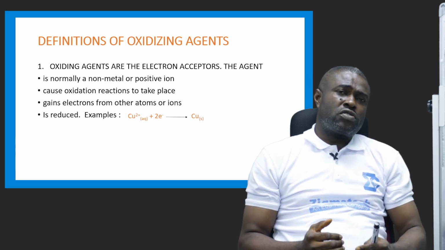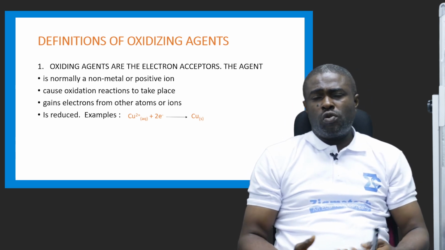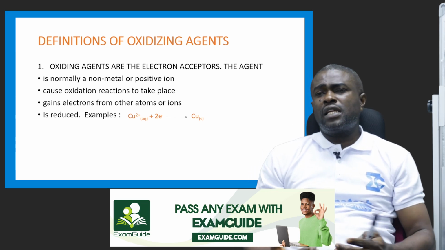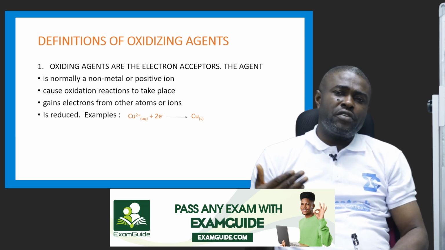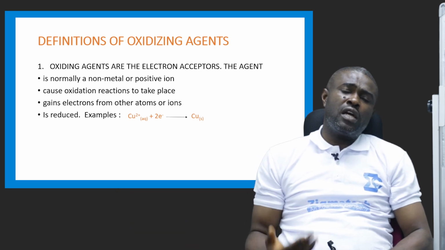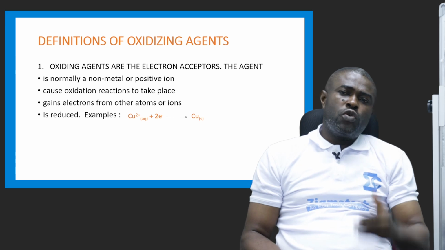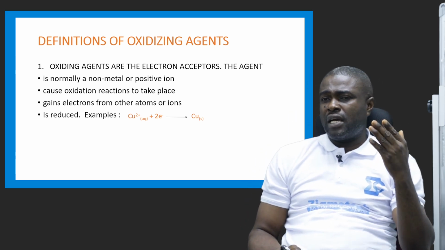In every redox reaction, electrons are used to balance the redox equation. These electrons are placed where you have more positive charges. Why are you introducing the electron in the direction where you have more positive charges? You are doing that because an electron carries a negative charge.